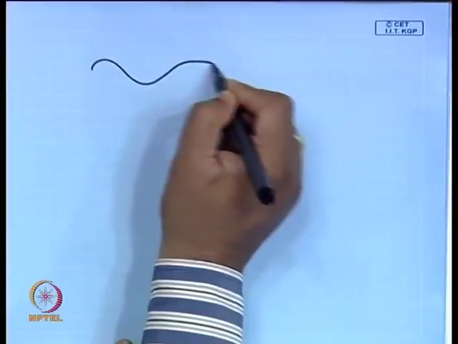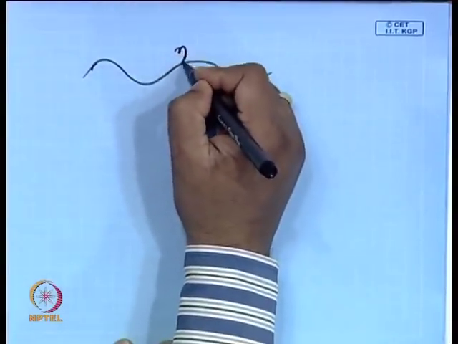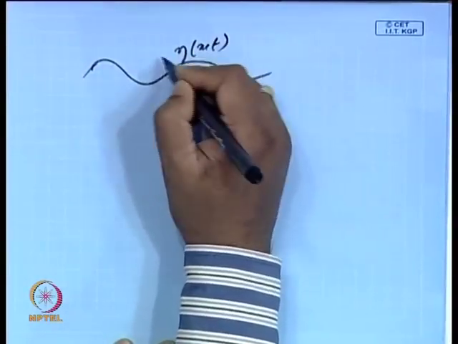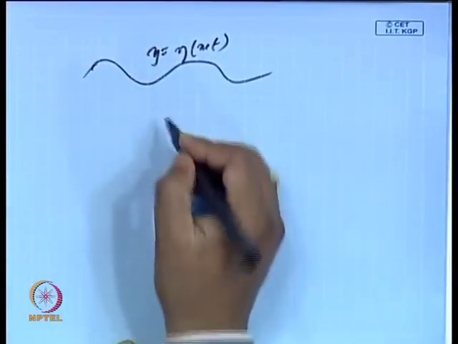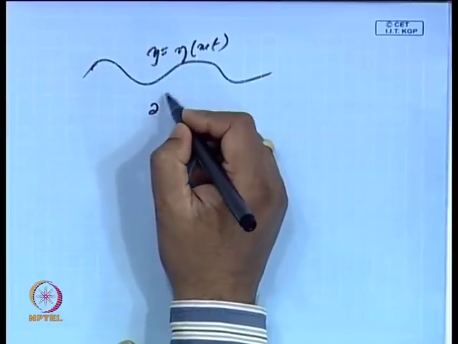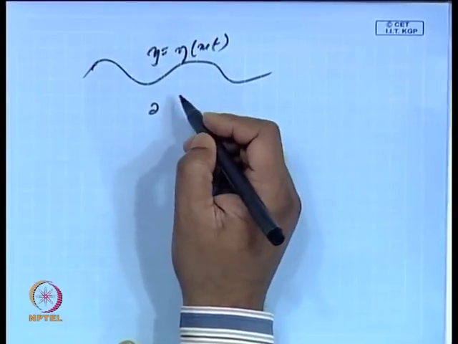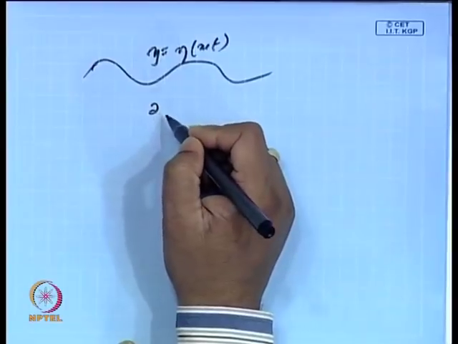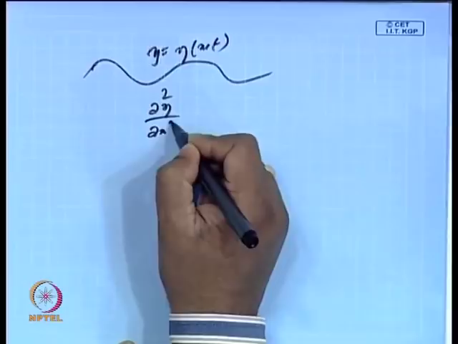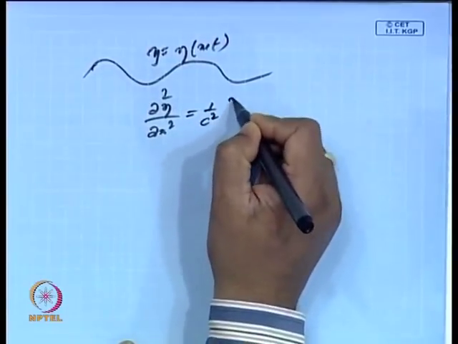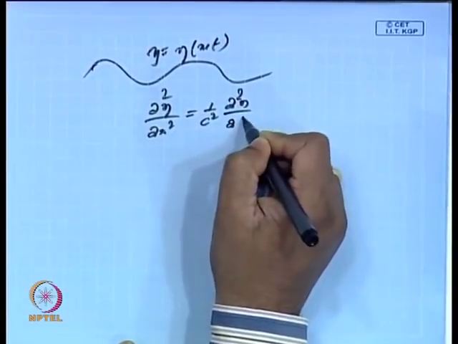Now, with this understanding, let us have a look at the general nature of waves. When it comes to a wave, if I have a surface, eta as a function of x and t, the free surface, then eta has to satisfy del square eta by del x square equals 1 by c square del square eta by del t square.